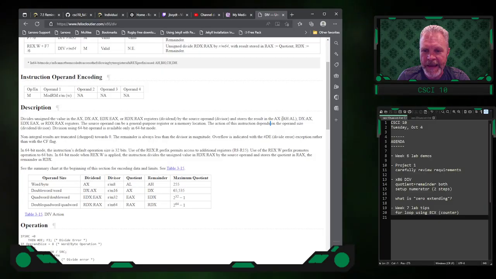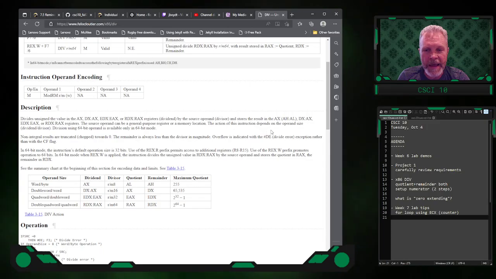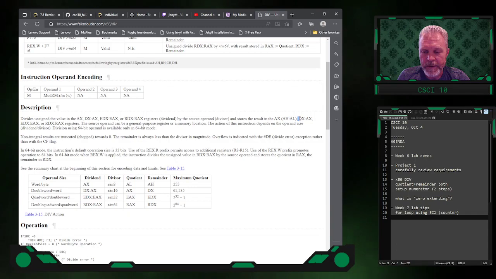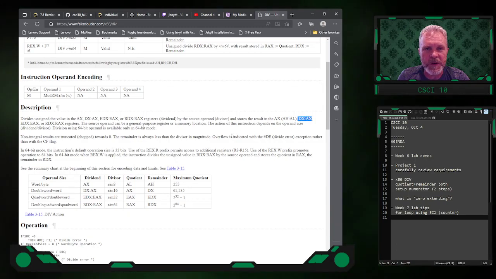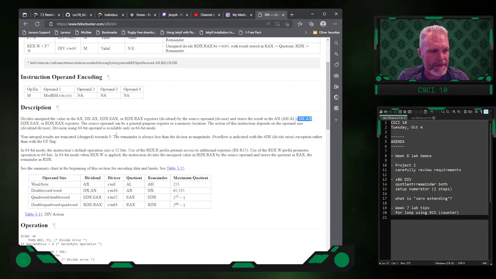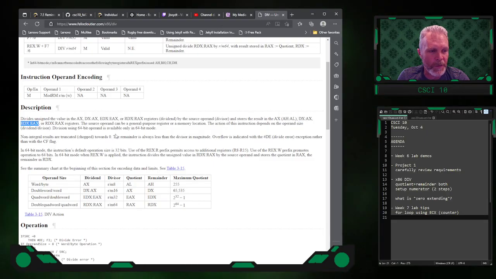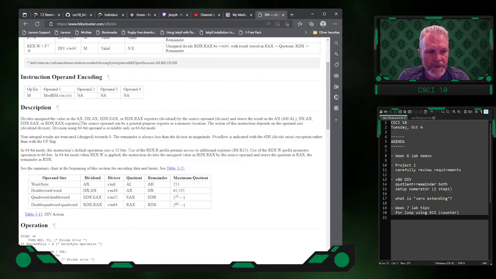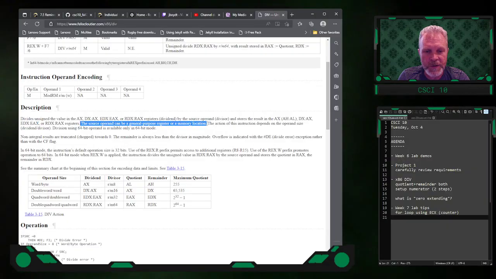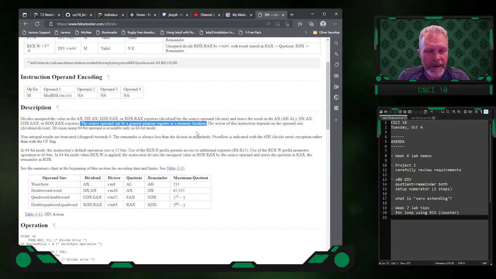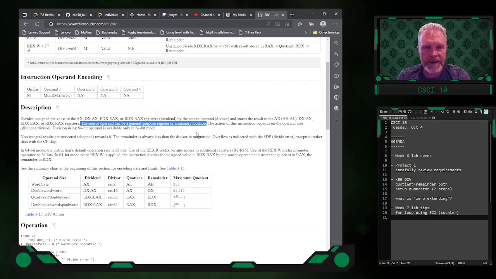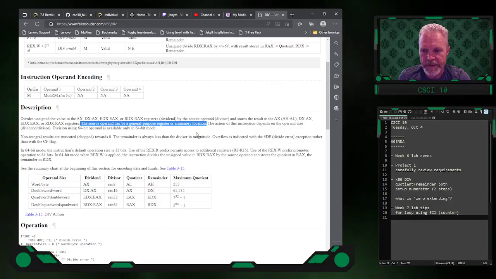Of course, that AH-AL combo is accessed as either AX or AH and AL separately. 16-bit divisions, we get 2 results, one of them in DX, the other one in AX. 32-bit divisions, we get 2 results, one in EDX and the other in EAX. The source operand can be a general purpose register or a memory location. And I'm pretty sure that if we look at the HLA documentation, we'll get the ability to do constants as well.